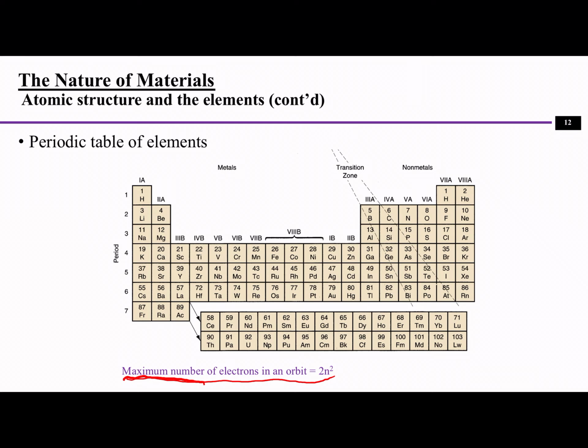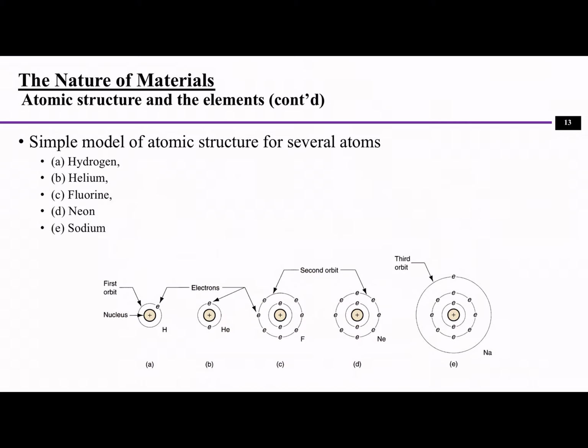For example, sometimes in the outside orbit, it can be 1 electron, it can be 2 electrons, or it can be the maximum electrons to be at a stable state. So if the outside orbit has reached its maximum number of electrons, it means it's more stable, right? If it is not, it's not stable.